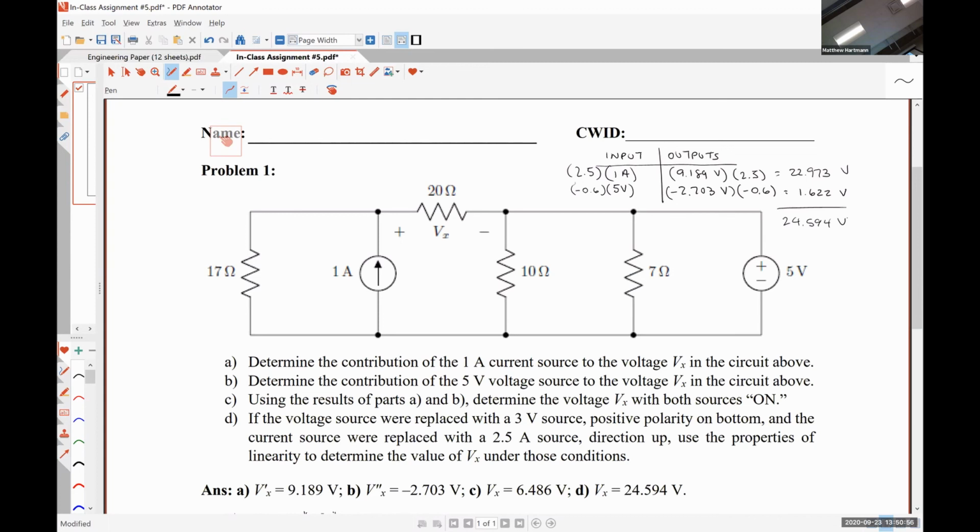You could technically work every problem in this class by replacing all of the voltage sources with 1-volt sources and all of the current sources with 1 amp sources, and then scale things appropriately and get the correct answer 100% of the time, okay? So superposition and linearity is a very, very powerful tool. Unfortunately, we're not really going to use it a whole heck of a lot in this class until later on.